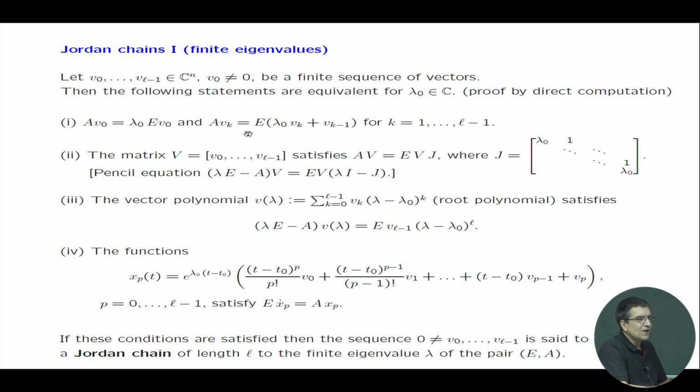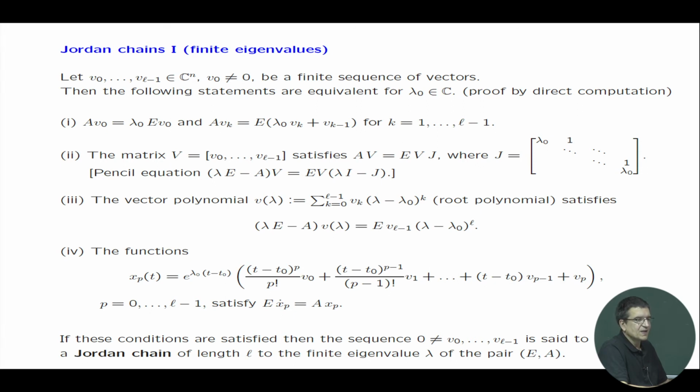All these relations hold if and only if such a matrix equation holds, where the matrix V is formed from the vectors. The vectors are the columns of this matrix, and all these equations can be written as one matrix equation, namely this one here, where J is a Jordan block.